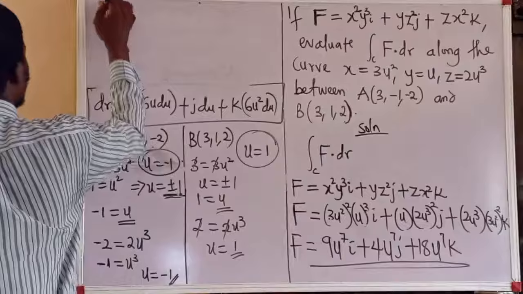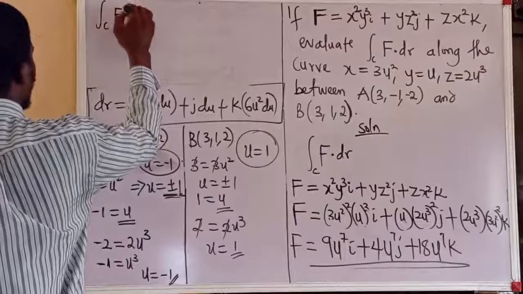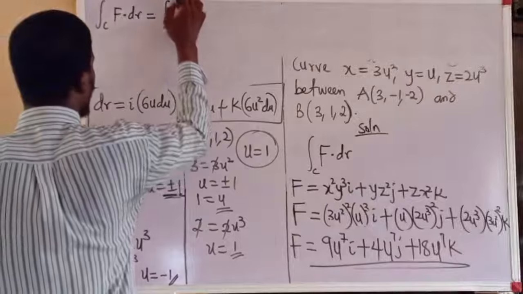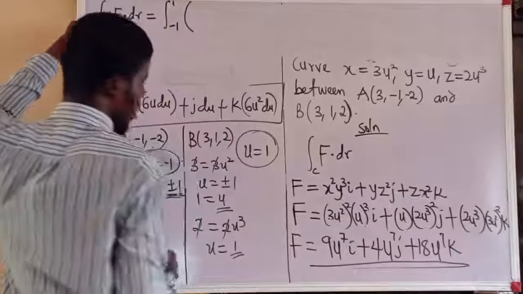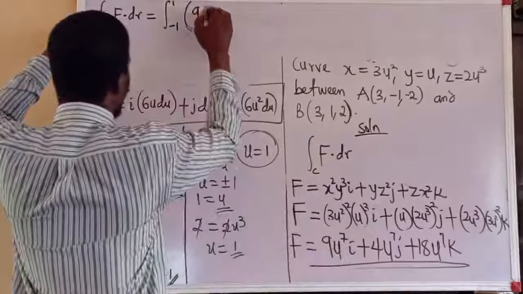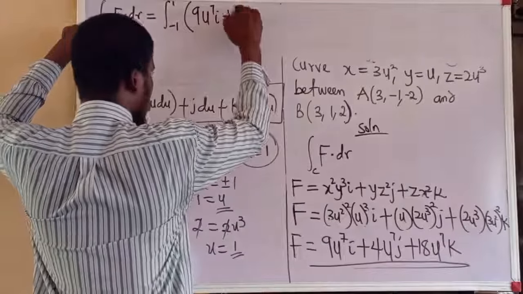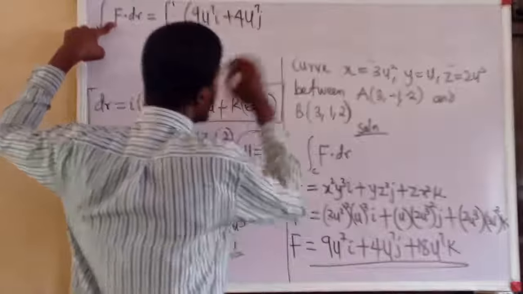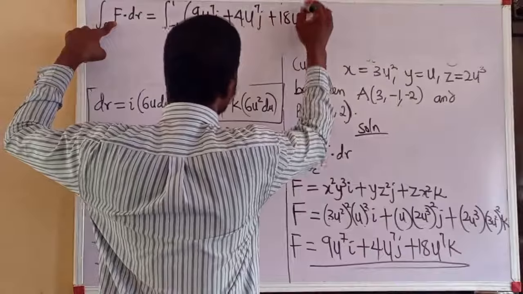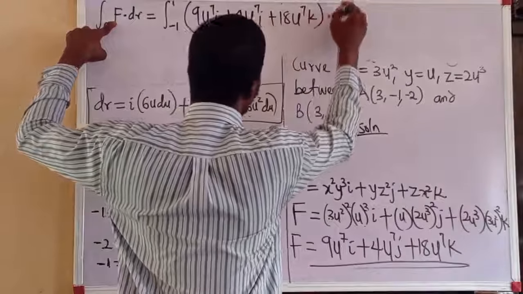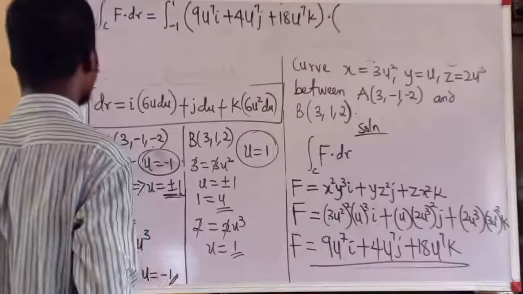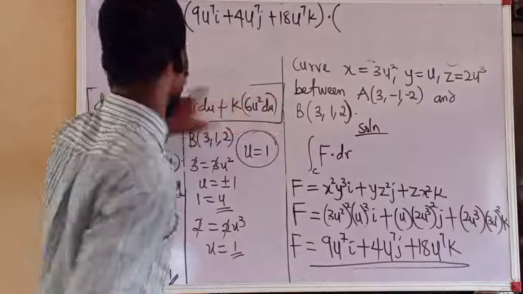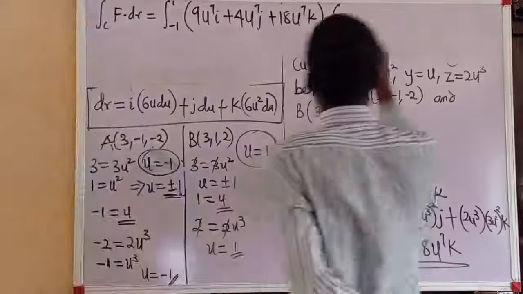So the line integral of F dot dr is this. The integral from minus 1 to 1. What is F? F is this: 9u to the 7 i plus 4u to the 7 j plus 18u to the 7 k, dot, what is dr? dr is this.